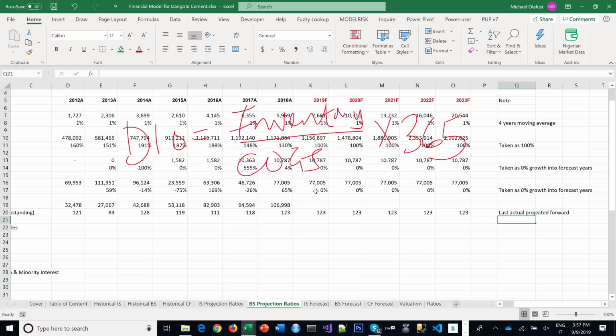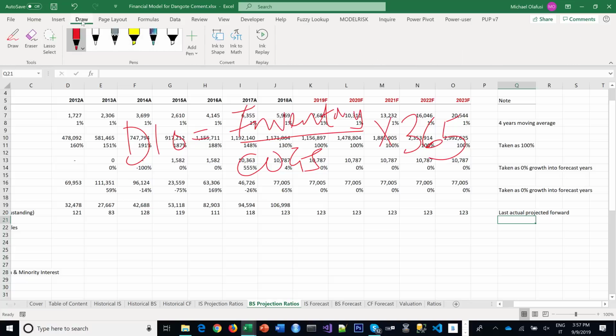Then, if you remember how to change subject of formula, this is a situation where I know this, it's already in our income statement. This is the one I want to know. So it will be this times this divided by 365.